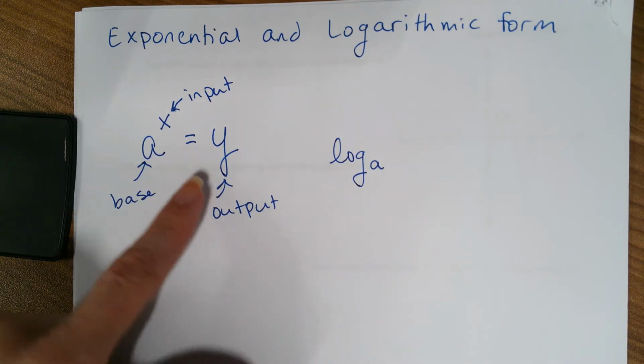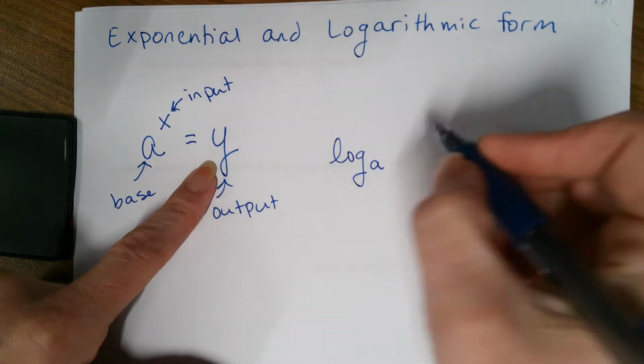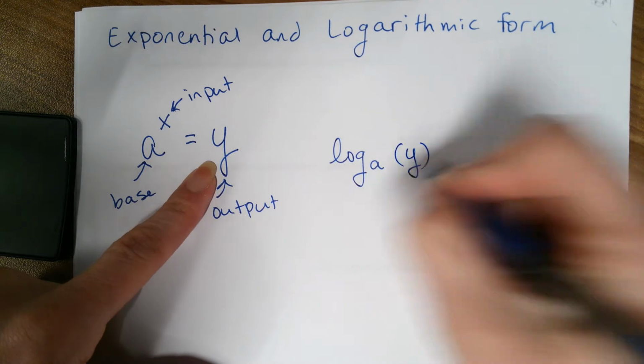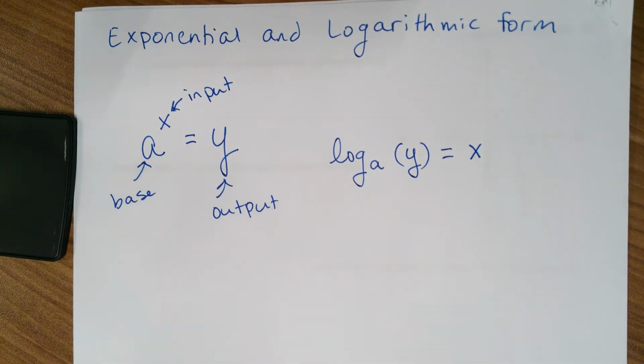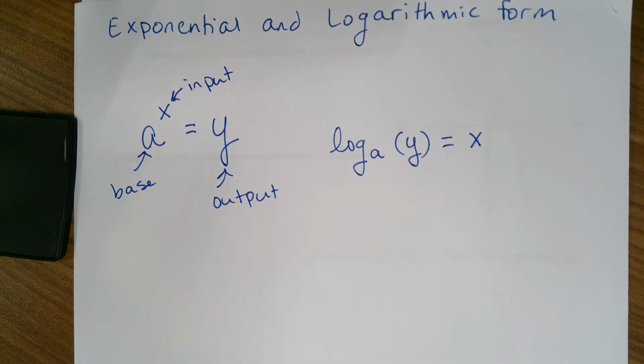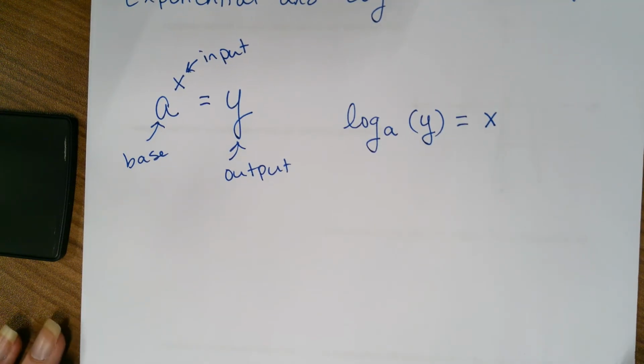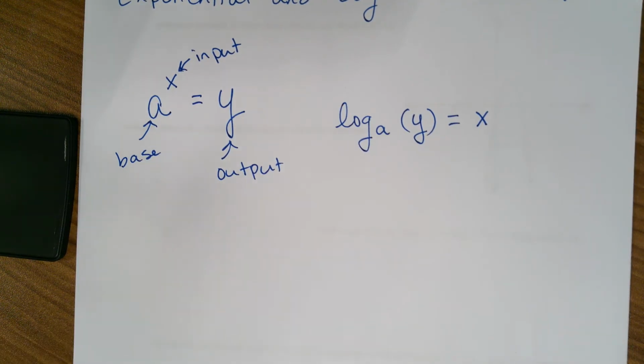And here for the exponential, the output was y. So my input for the logarithm will be y, and the output will be x. They just literally swap places. So we can convert back and forth now between the exponential and the logarithmic form, and we can see how that'll help us solve various logarithmic equations and to evaluate the logarithms.